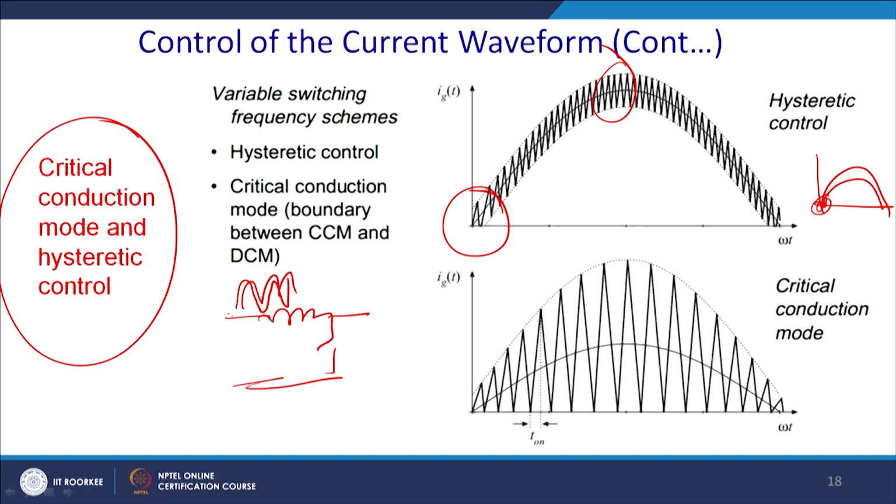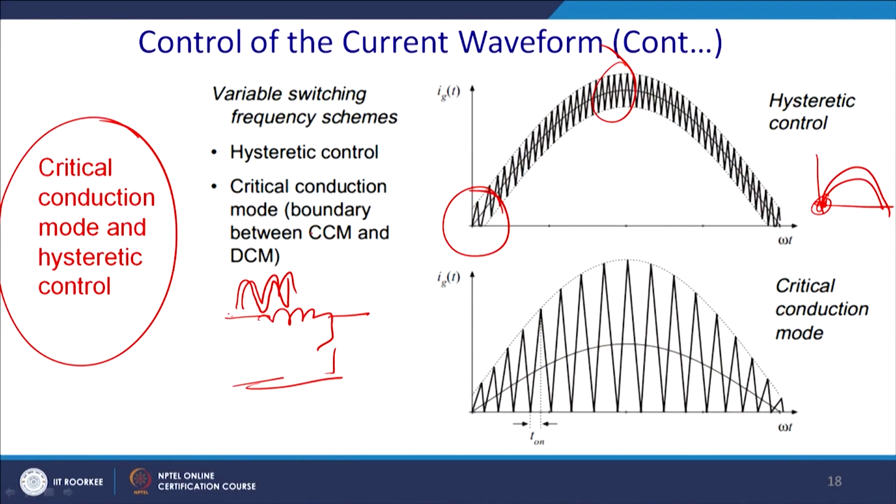This is another mode of control. There is a Fairchild chip that operates in this mode, and UC3854 operates in this mode. The critical conduction mode is the boundary of the CCM. You allow the current to grow according to your voltage limit, so you will have a voltage envelope. You give some DC biasing so that you can get a minimum current.